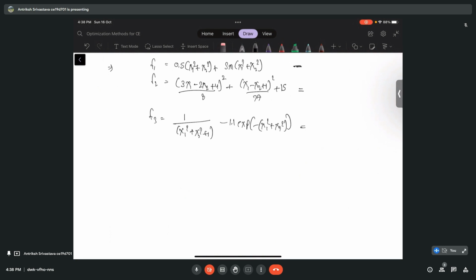We have already seen how to apply constraints, so the same way you can apply them here also. It is a two variable function, x1 and x2. Lower limit for x1 is minus 3, and lower limit for x2 is minus 3. Upper limit is 3, upper limit is 3. This is the solution space. Now let's write the code that does this optimization. So let me share my screen.